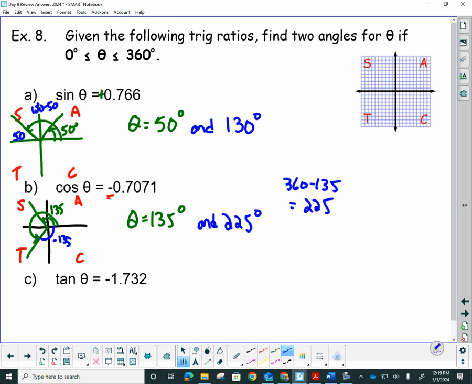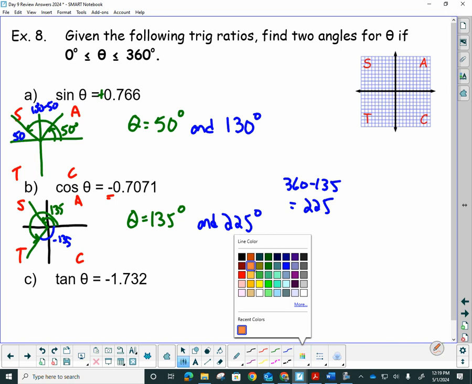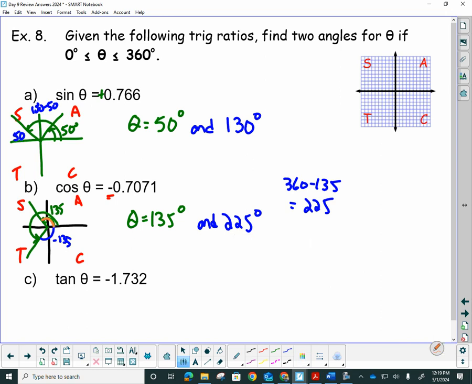The other way you can look at it is this. Here to here is 135. So this little related acute angle must be 180 minus 135. So that's just going to be 45. So if that's 45, then this must be 45.